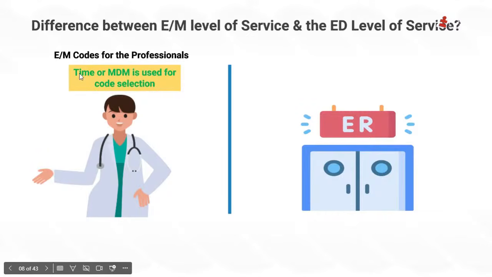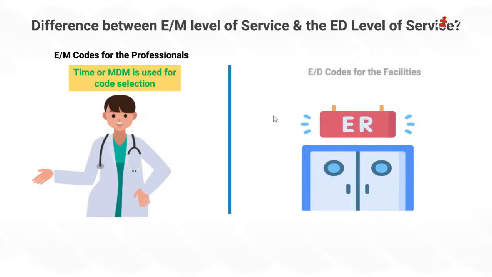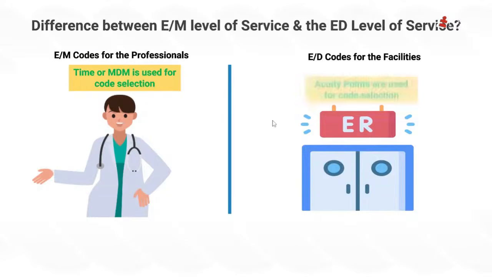We use time or medical decision making for the code selection for the provider, the evaluation and management codes. But for the facility, we have to use a system involving acuity points for the emergency department.